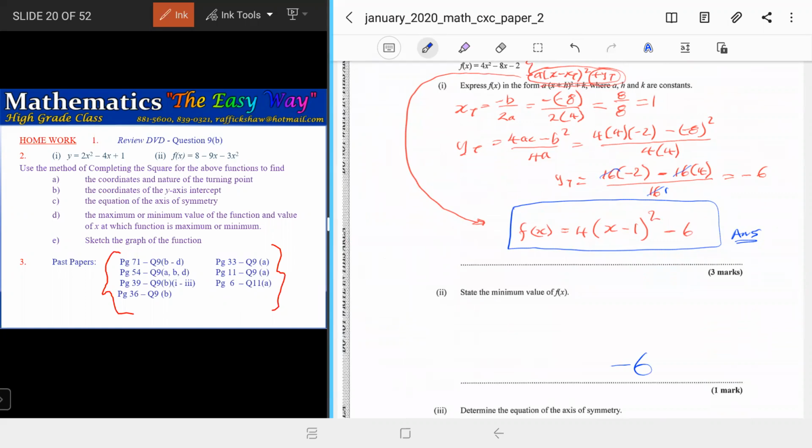When I'm doing the class, I say the minimum value is the yt value, which is negative 6, because I want to explain. But in the exam, I know that the minimum value is yt, but I can just write this down. State means write down. Let's write down negative 6. That's why this negative 6 is my answer.